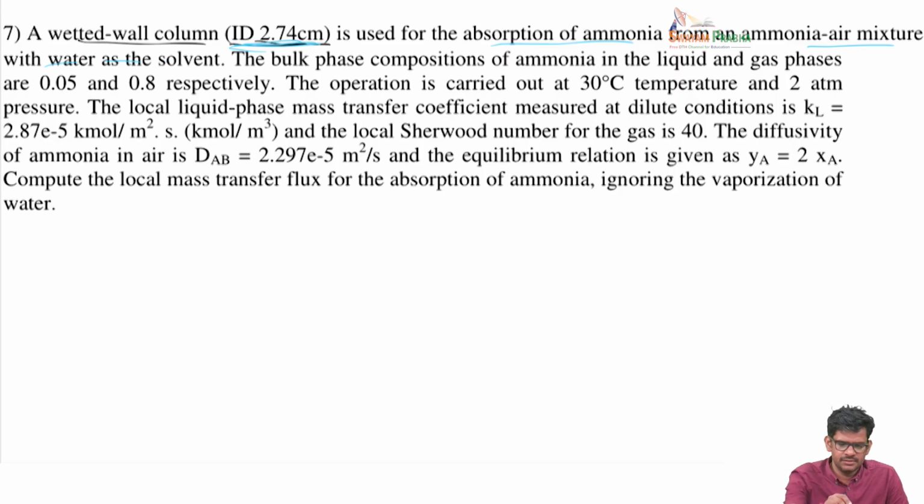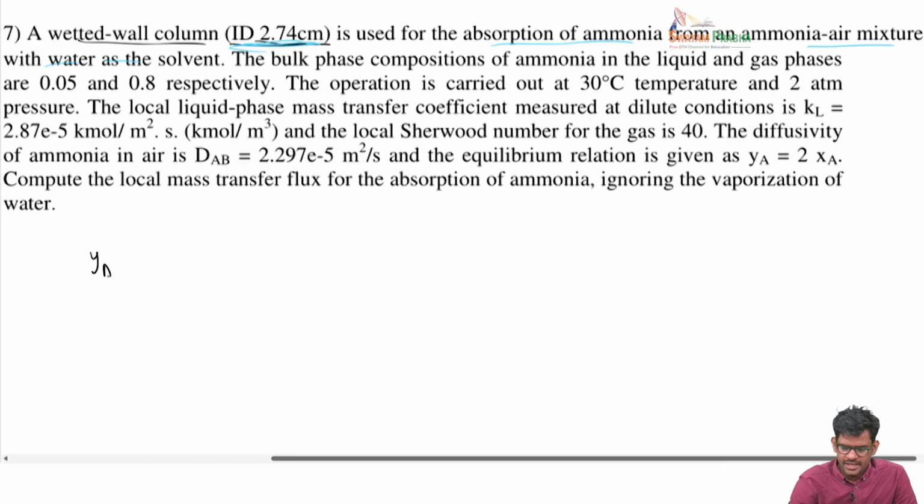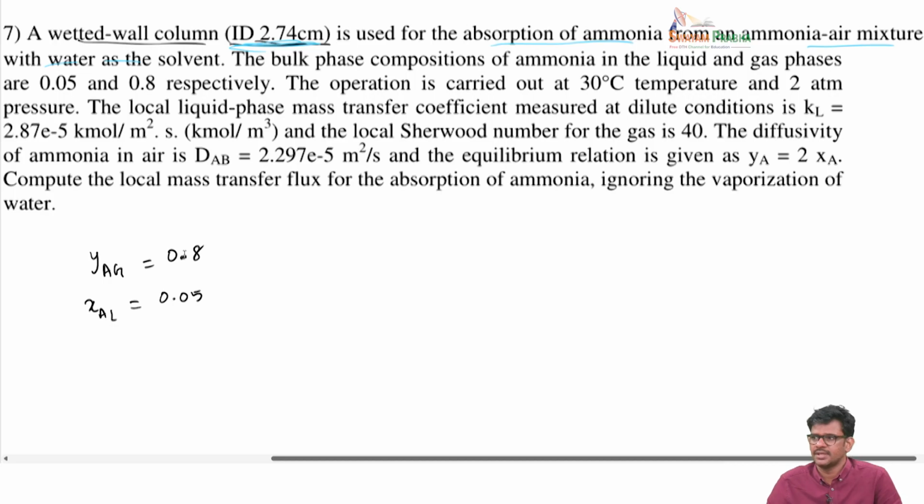And what is given? y_AG and x_AL. x_AL is 0.05. y_AG is 0.8, quite concentrated. As I said, anything above 0.1 mole fraction we are going to deal with as a concentrated system. This is going to be a concentrated system, so we'll just write this: this is a concentrated mixture.